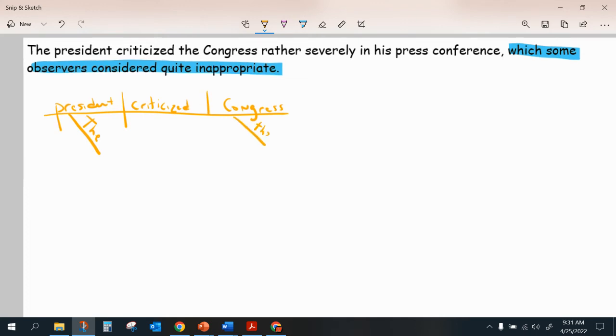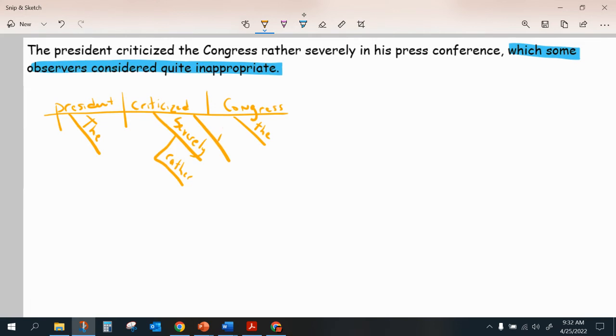The Congress. And then he criticized them severely. I wrote severely. That doesn't make any sense. Let's go this way. Severely. Rather severely, a little adverb coming off that, rather severely. And he criticized them in his press conference.